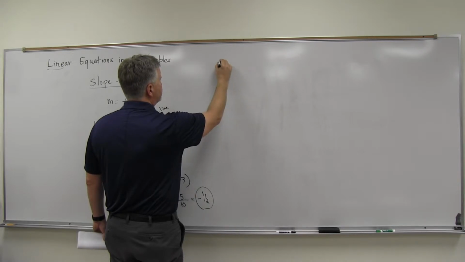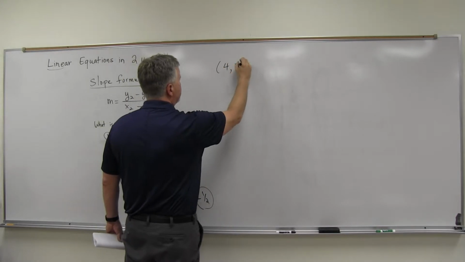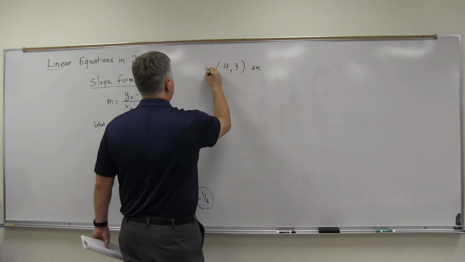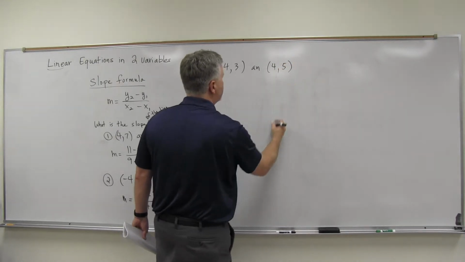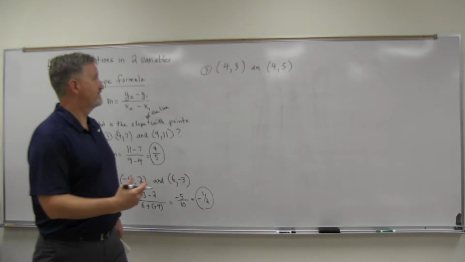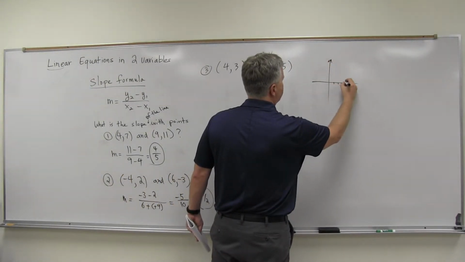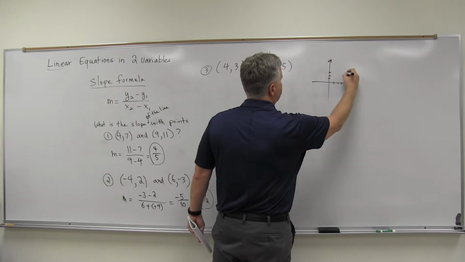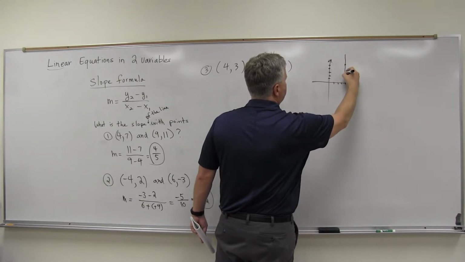Let's say here's a vertical line, wouldn't it be 4, 3, and 4, 5? If you plot those 2 points out, don't we have a vertical line? 4, 3, and 4, 5. Vertical line.